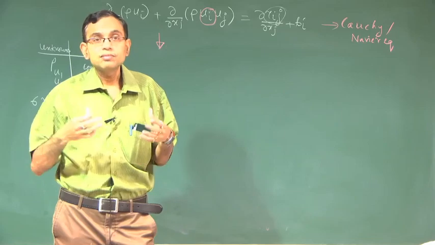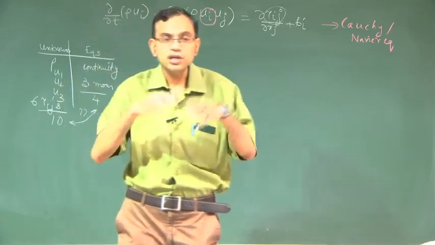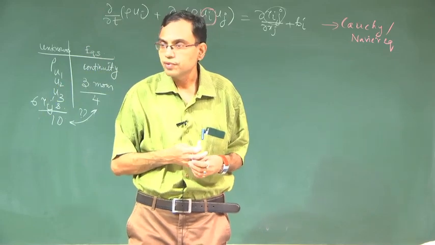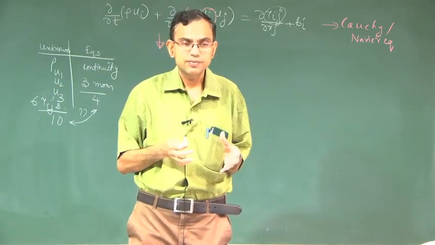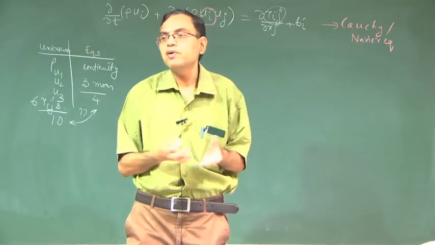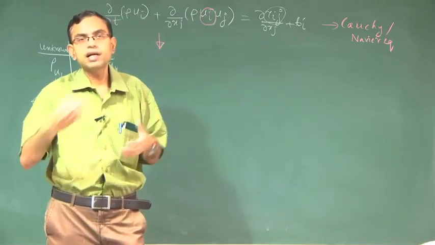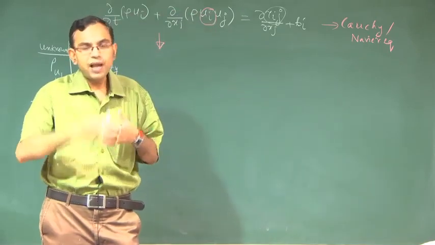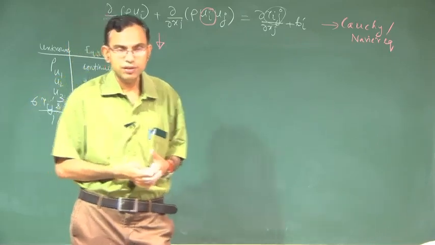Still the fluid has some stress, and that stress is due to the pressure of the fluid. That is called a hydrostatic state. That is a state where only the pressure distribution governs the state of stress on the fluid. When the fluid is in motion, it is the pressure plus an additional component which we call the deviatoric component.